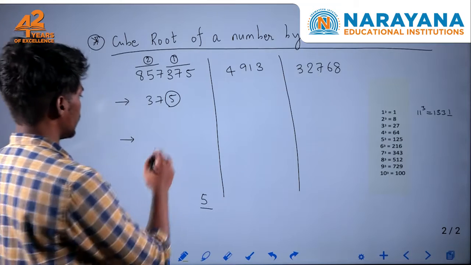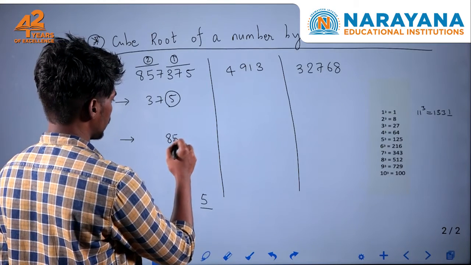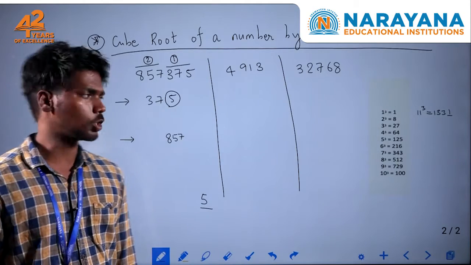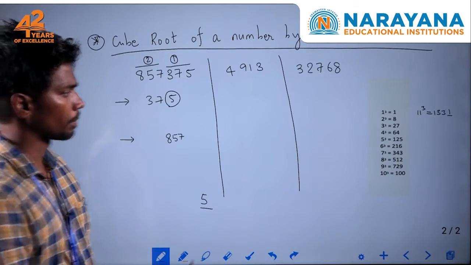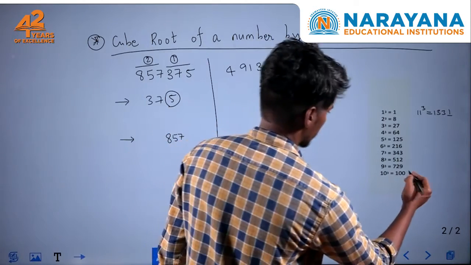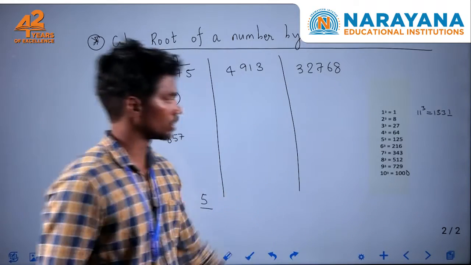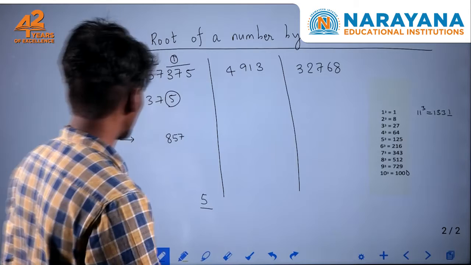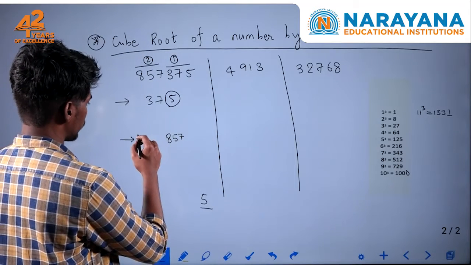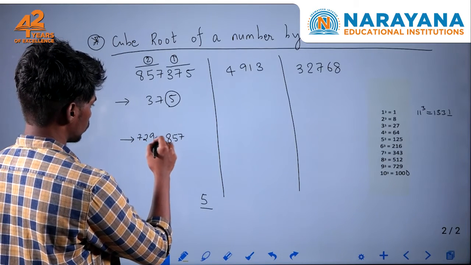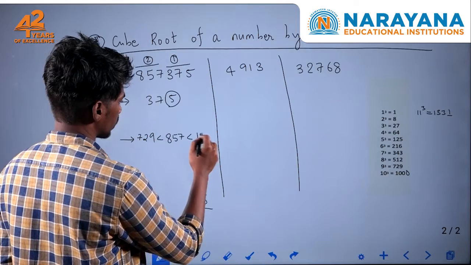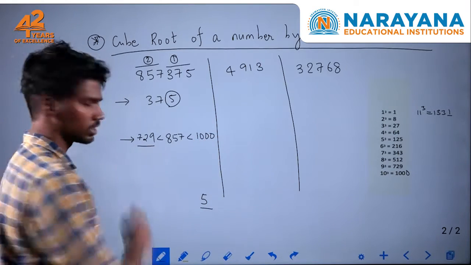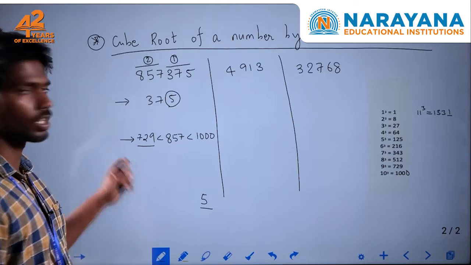Now let us come to the second group, which is 857. Now see the number 857 and see 857 lies between the cubes of which two numbers? Now actually this would be 1000. So 9 cube is 729, 10 cube is 1000. So we know 857 lies between 729 and 1000. So the number which you will select is 729, the smaller always.